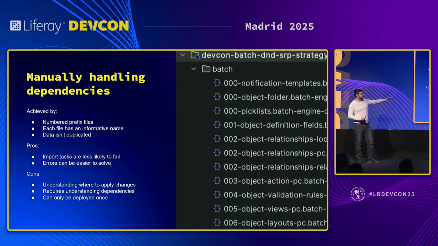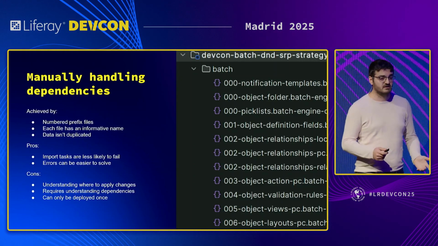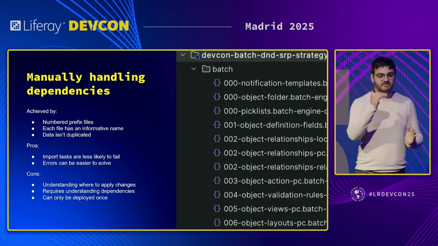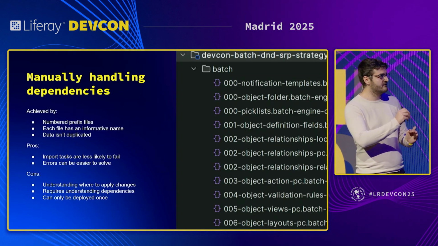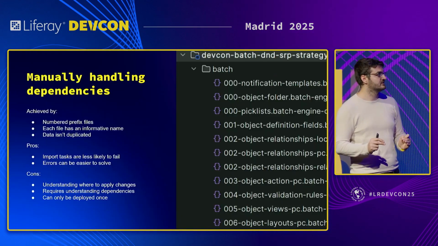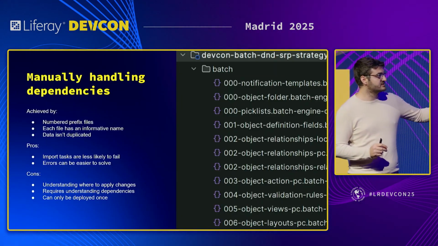The pros of executing it like this: it is less likely to fail. You are just adding everything step by step, knowing that every dependency has been solved. And it will also make errors easier to solve. Why?